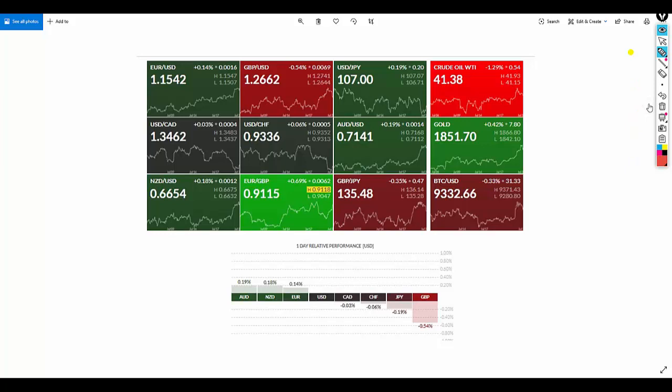Now, this snapshot is a snapshot I grabbed from financial visualization, which I discussed in yesterday's tutorial video. Yesterday happens to be the 22nd, if I don't make a mistake, because today is the 23rd.